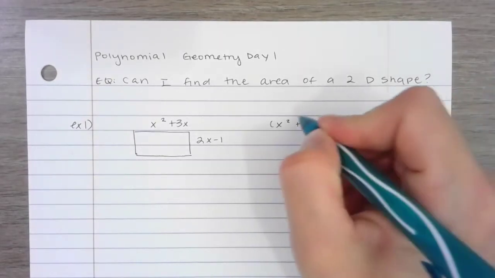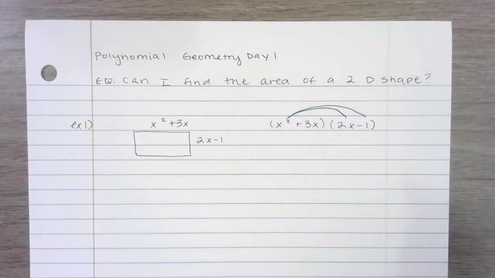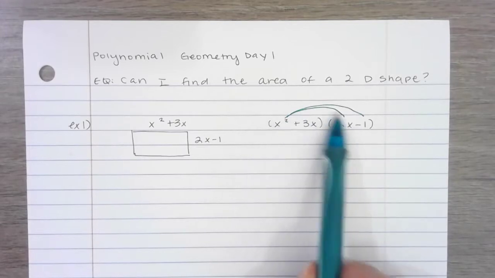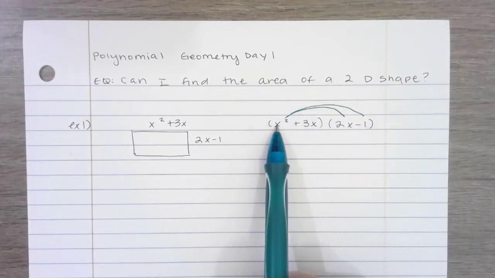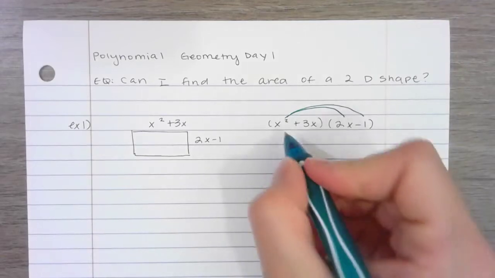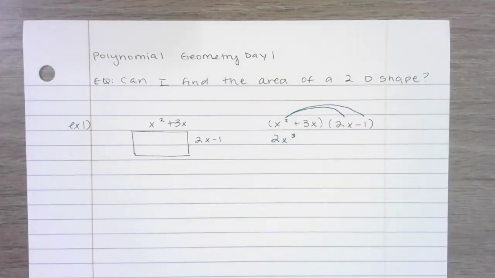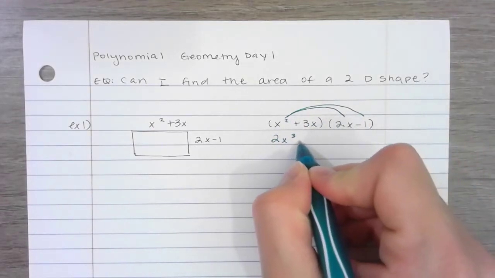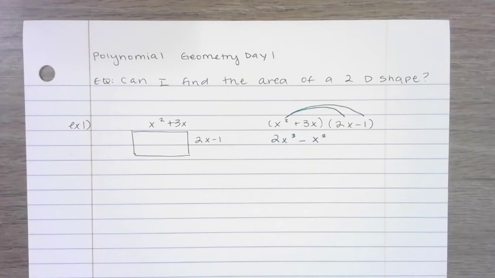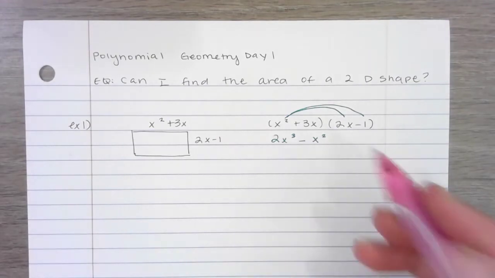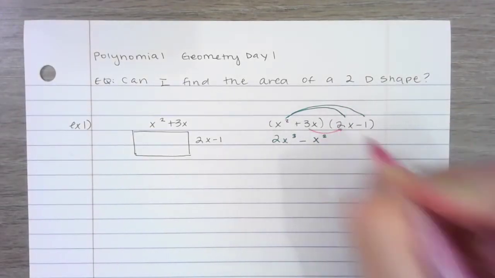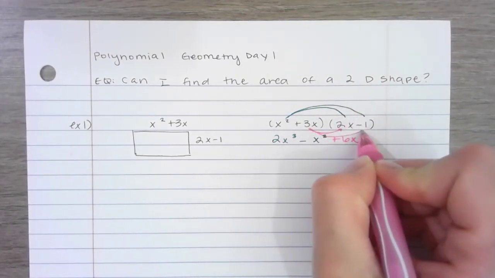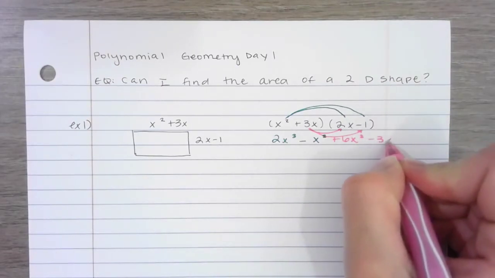And then we want to make sure that when we're distributing, we're going to use that foiling. I don't like the word FOIL, but some of you have been taught FOIL, where you're going to distribute the first out to everything. So x squared times 2x is 2x cubed, or 2 times x times x times x. x squared multiplied by negative 1 is negative 1x squared. 3x multiplied by 2x is 6x squared, and 3x times negative 1 is negative 3x.